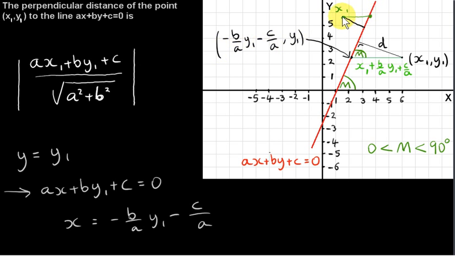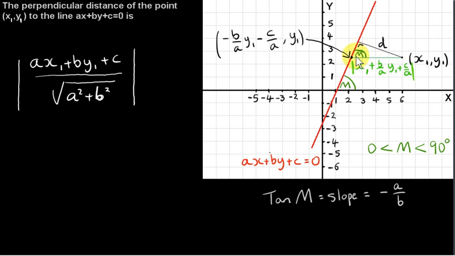So if we do the subtraction, we will get something negative, because x1 will be less than the x value of this point. So in order to avoid problems with signs, it's best to take the magnitude of this quantity. The magnitude will always be positive, regardless of where x1, y1 is located in relation to the line.